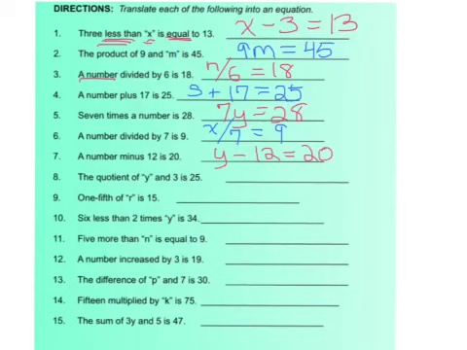The quotient of, you have to be careful about order here, the quotient of y and 3. It's in the order that it's written. Unless you see the words less than or from, it's in the order that it's written. So the quotient of y and 3, so y divided by 3 equals 25.